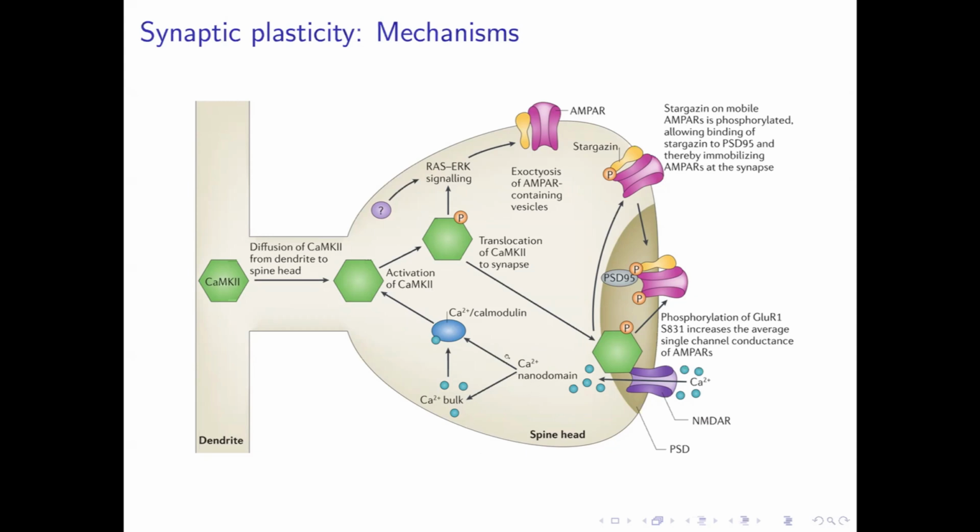And then this calcium entry triggers a number of things, basically activating calmodulin and then CaMKII, and then there is a cascade of things that happen until at some point new AMPA receptors can be inserted at the synapse, or these receptors can also be phosphorylated, and both mechanisms tend to strengthen the synapse. And vice versa, you can have dephosphorylation of CaMKII, so inactivation, which would lead to depression, basically removal of these receptors or dephosphorylation of these receptors.